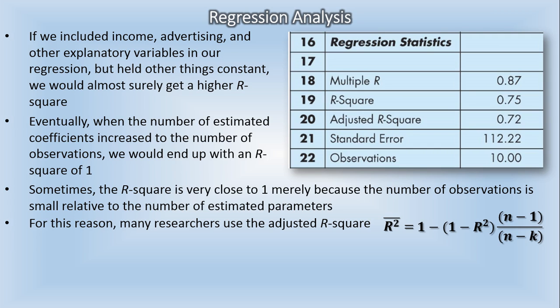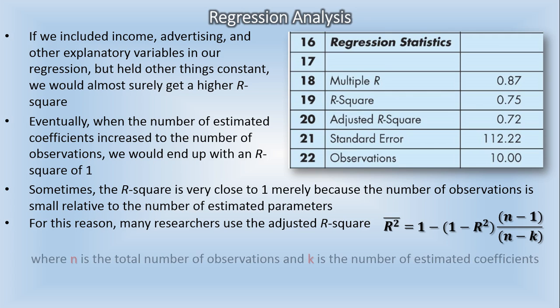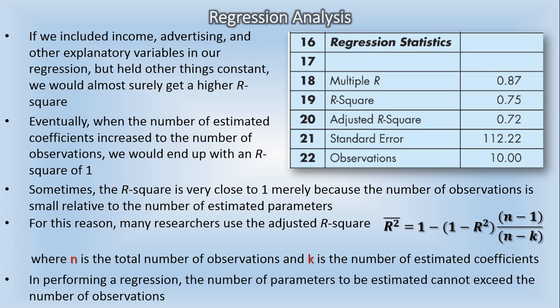You just need to understand that there is an R square and that there are reasons why it's not great, and that there's an adjusted R square, which is meant to fix the problems of the R square. In this case, n is the total number of observations, and k is the number of estimated coefficients. In performing a regression, the number of parameters to be estimated cannot exceed the number of observations.